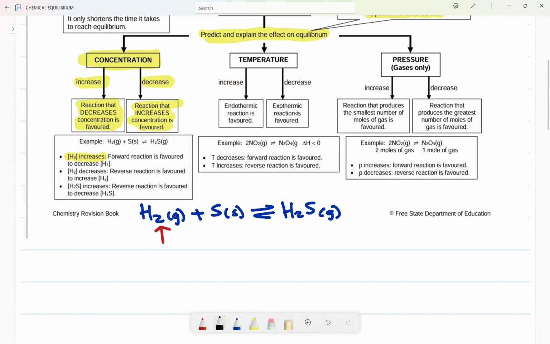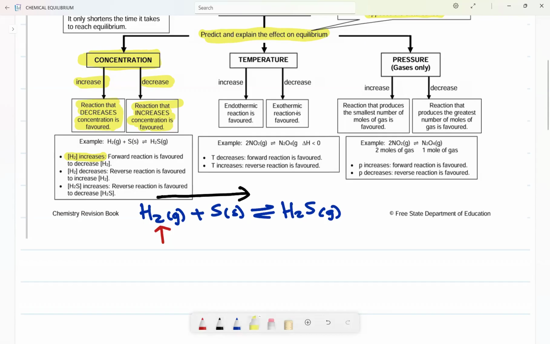Instead, I will transfer. Le Chatelier will say, I do not want more concentration of H2. We are at equilibrium. Instead, I will transfer the concentration that you added to the other side.